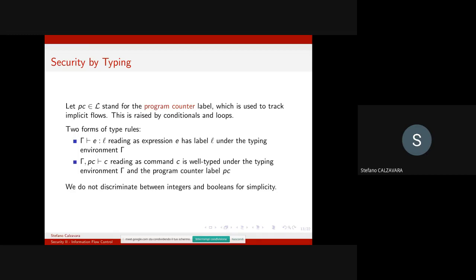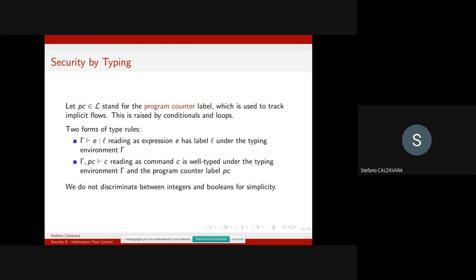This is the label of the final value that we will produce by evaluating the expression E at runtime. And then we have other typing rules, which are for programs, and the shape of this typing rule is different because we read these rules as: the command C is well typed under the typing environment gamma and the program counter label PC, which means that the program is not exfiltrating any sensitive information.